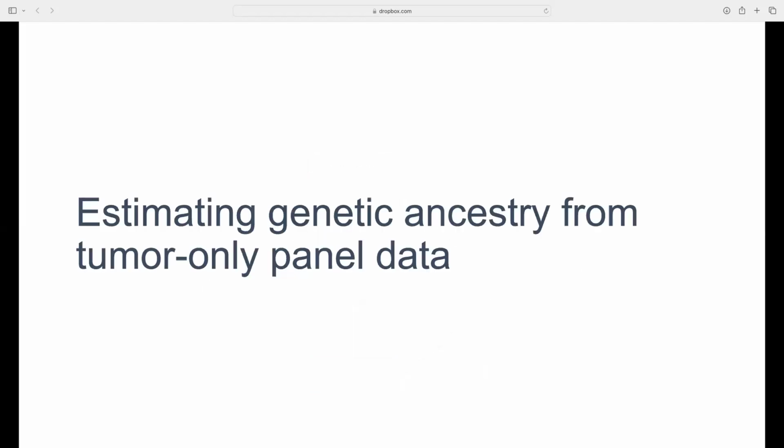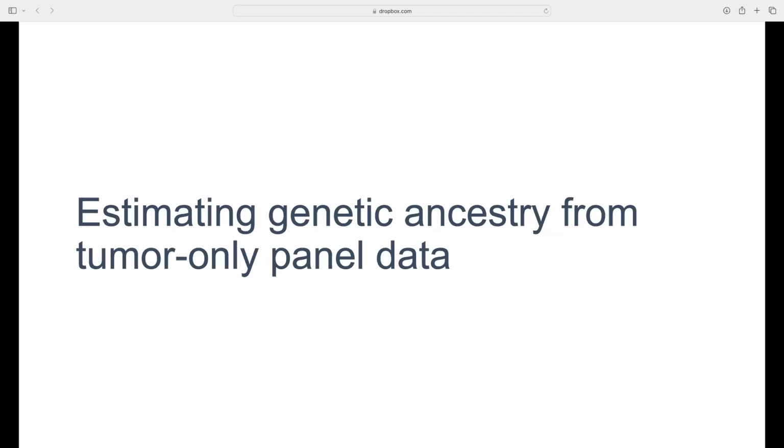So with that in mind, how do we actually get this kind of data? I think a key bottleneck to studying and understanding genetic ancestry, in addition to the race and ethnicity measures that we get from clinical data, has been that you actually need genetic variation to estimate these kinds of measurements.